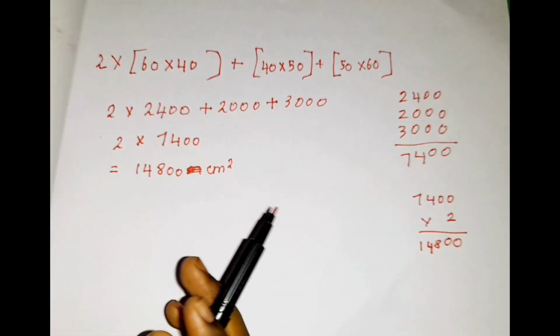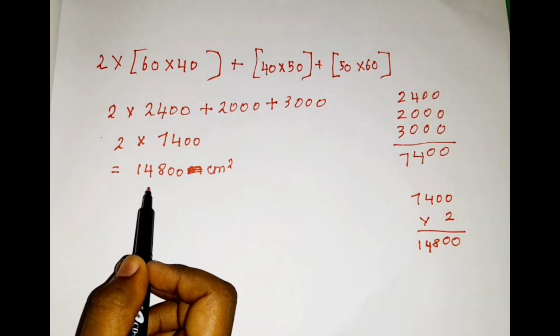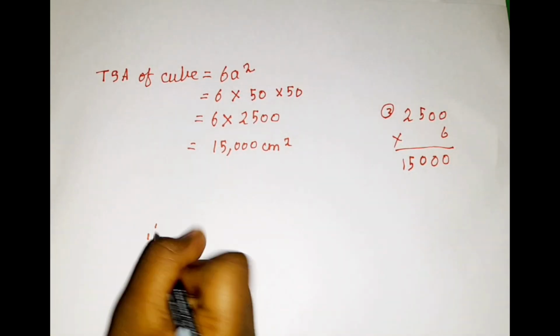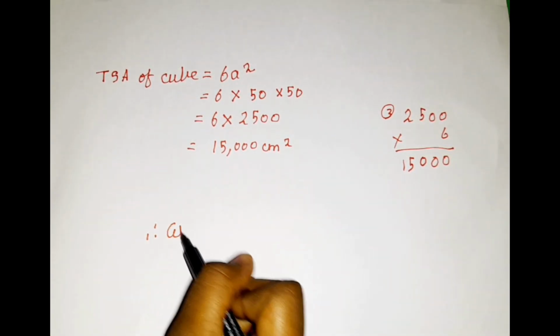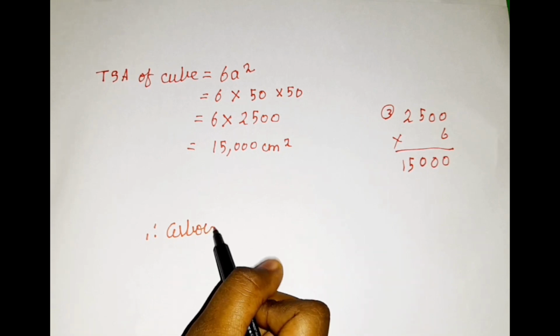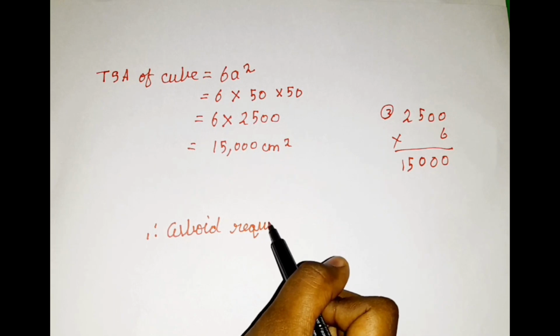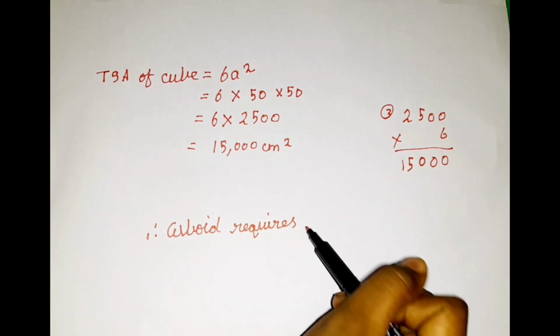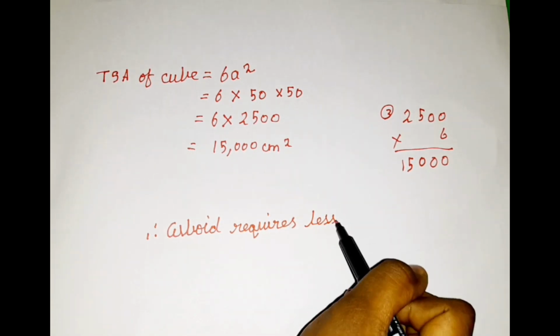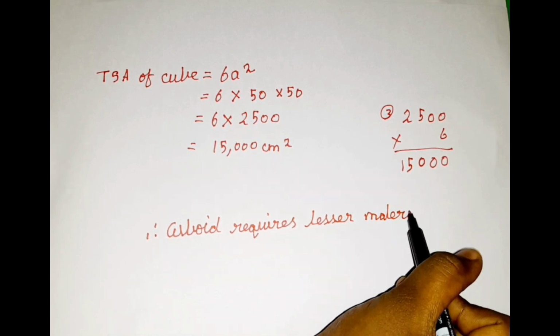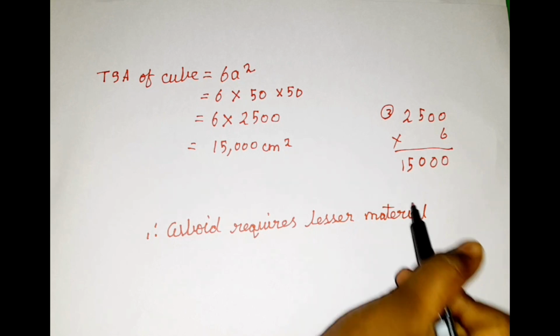The cuboid's TSA value. So I'll write it at the last page. Therefore cuboid requires lesser material, not lesser area, it's lesser material.